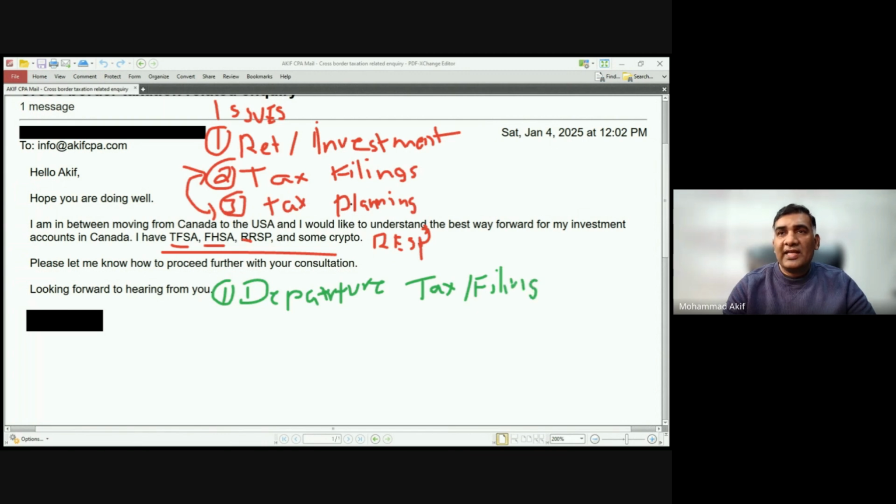So the TFSA on the Canadian side has no issues. If you leave Canada for tax purposes, there is no tax on the TFSA account. Any investments that you have in there are all covered. There will be no additional tax. RRSP, same thing. It's a retirement account. Once you leave, there is no tax on leaving Canada, so you are covered.